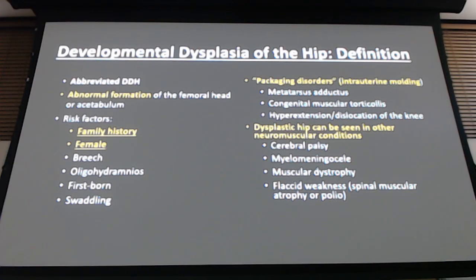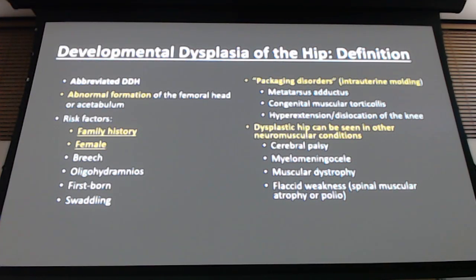So DDH is something that you need to catch early on. When we talk about risk factors, it's family history, female, and what? Breech presentation should also be in yellow, I apologize. Breech presentation, sorry.